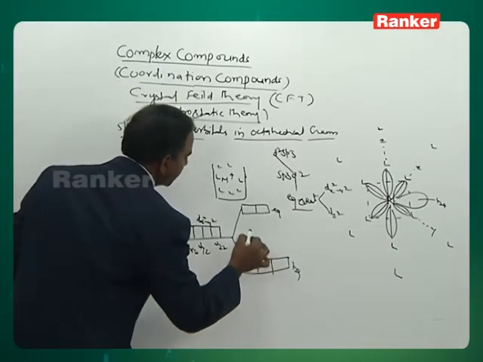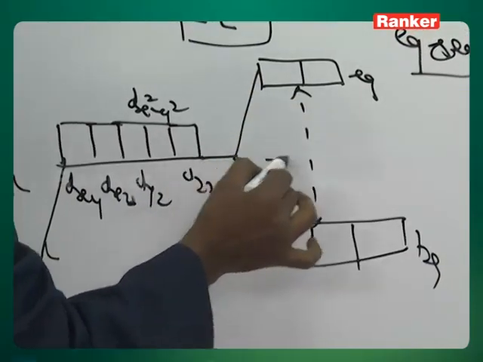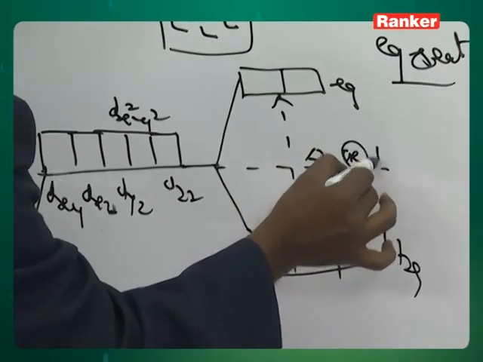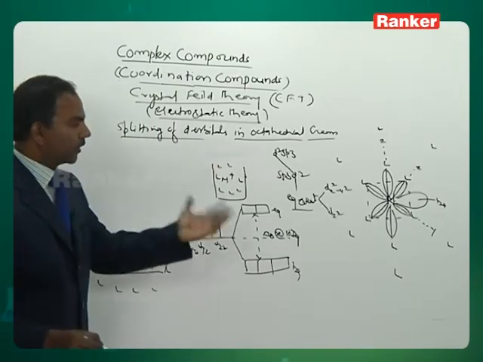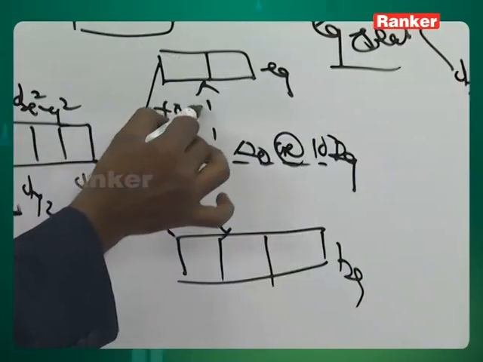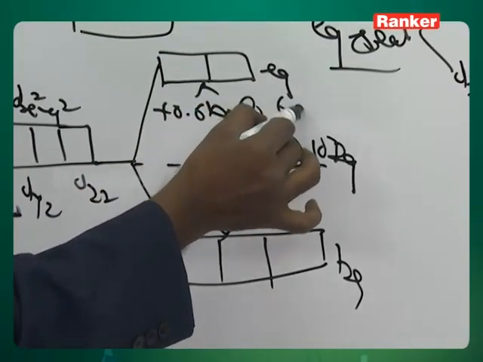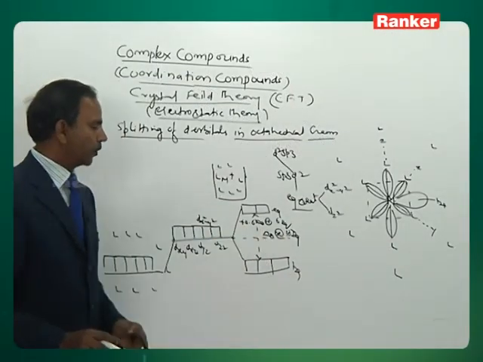Now, the energy difference between these two sets of orbitals we represent by delta O, or you say 10 Dq. What I said about the increase in energy: the increase will be plus 0.6 delta O, or plus 6 Dq.